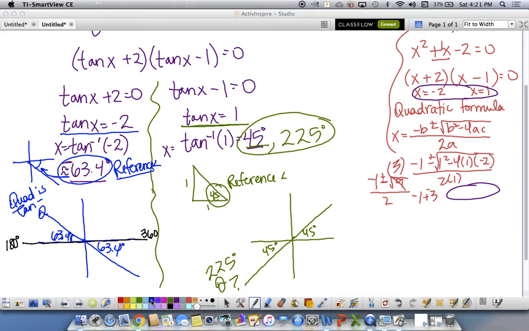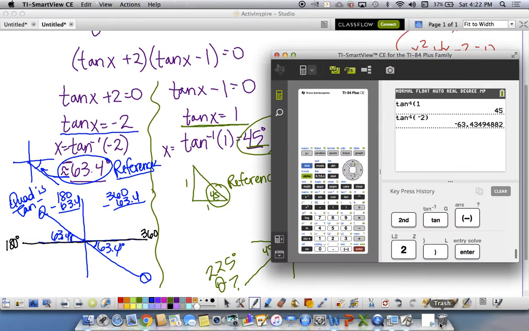We would say 180 minus 63.4. And that would be one of our answers. To find this reference angle, this theta, I would say 360 minus 63.4. That's going to be my other answer.